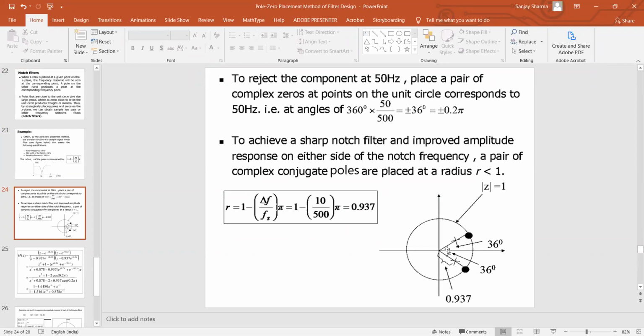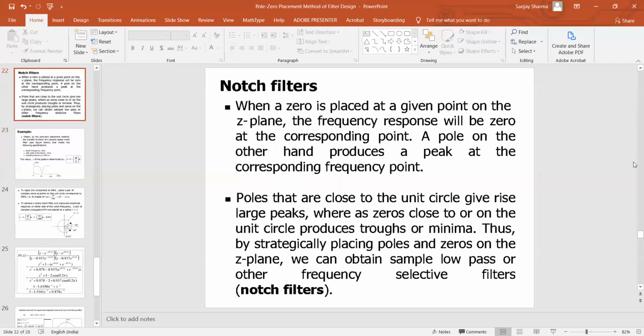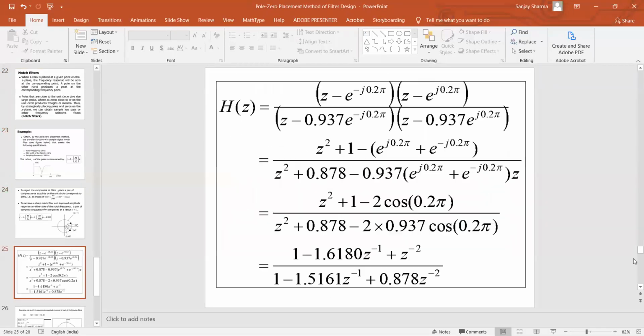Poles that are close to the unit circle give rise to larger peaks, whereas zeros close to or on the unit circle produce troughs or minima. We have to strategically place the poles and zeros.